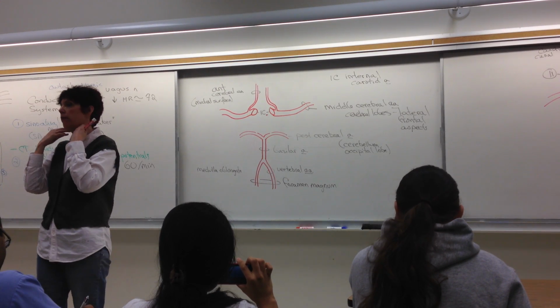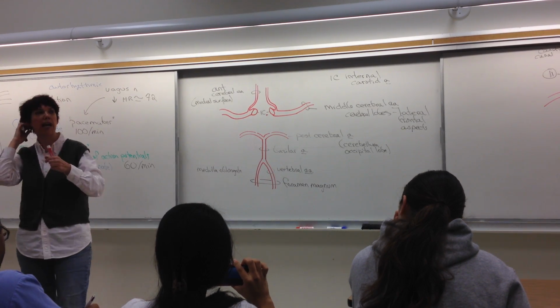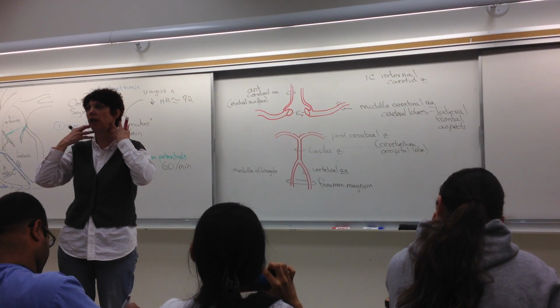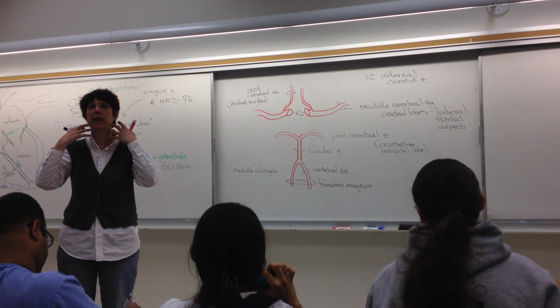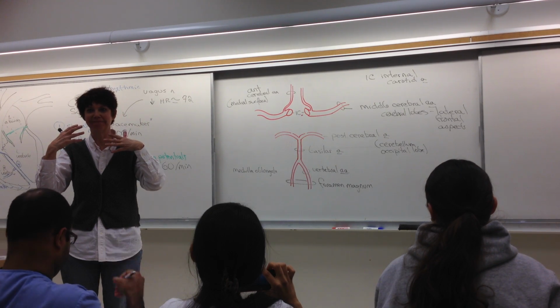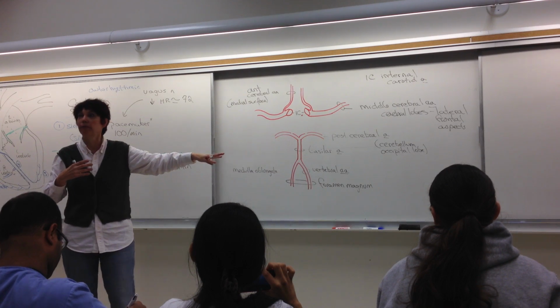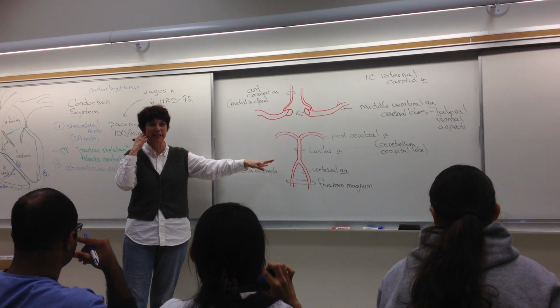Some people have atherosclerotic blocks, and they can have 90 to 95% of their internal carotid arteries blocked and not show any signs of hypoxia to the brain. And that's because blood is now getting to the brain primarily through the vertebral arteries.